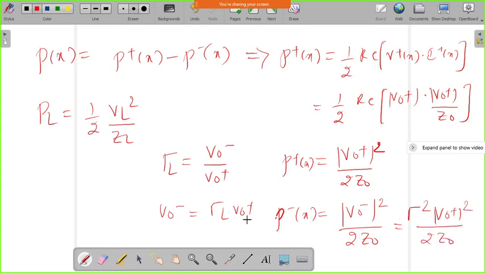So this is your P of minus x. Now substituting here, the common term is V naught plus squared by 2Z naught, into 1 here, and gamma squared there.